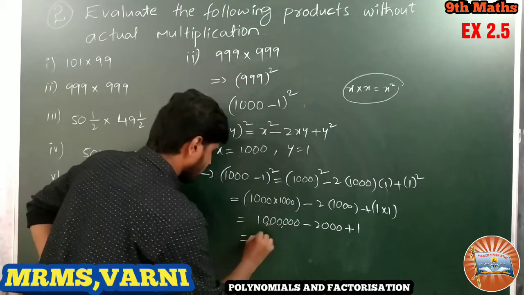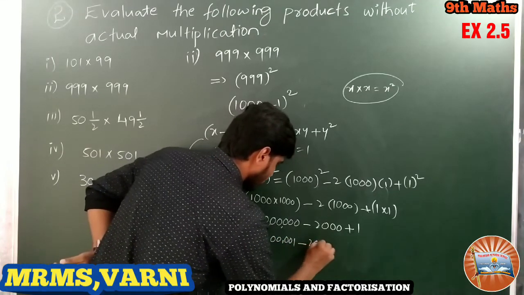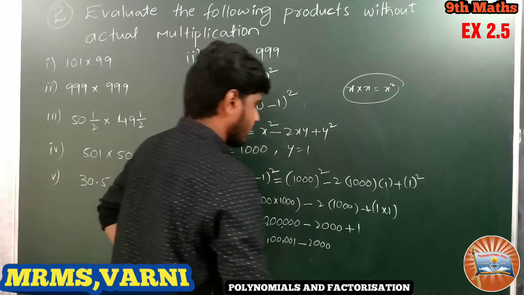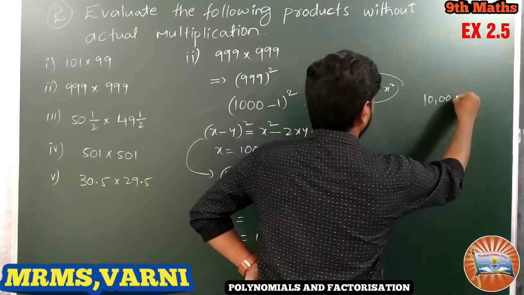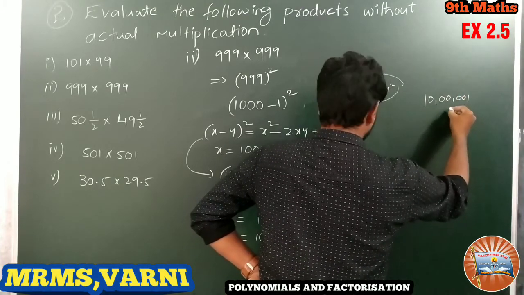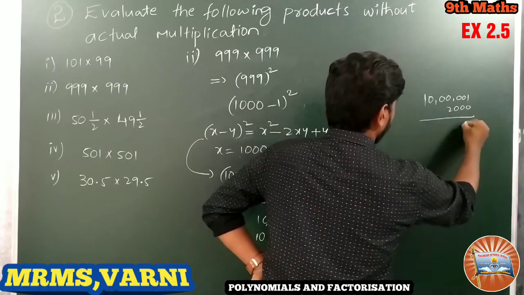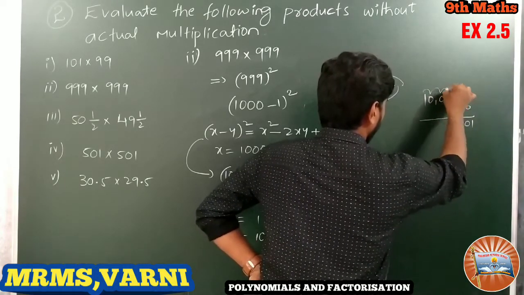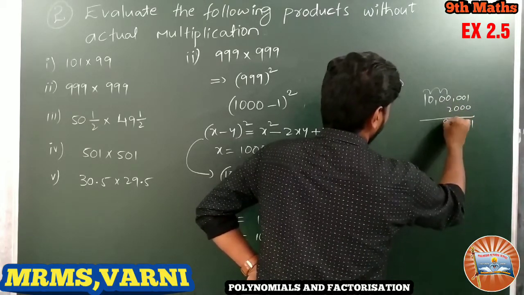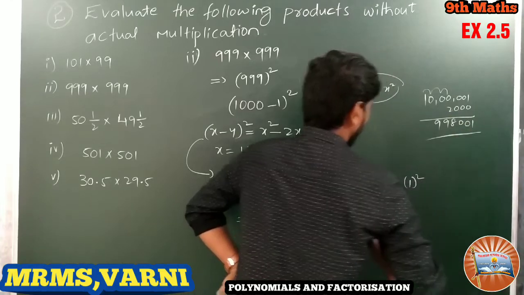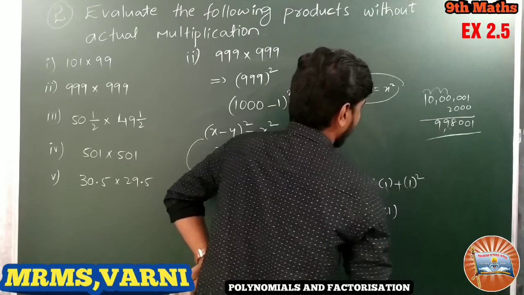So we have to subtract here: 10,00,001 minus 2000. Borrow from here, 10 minus 2 is 8, and 9 remains. It becomes 9 lakhs 98,001.